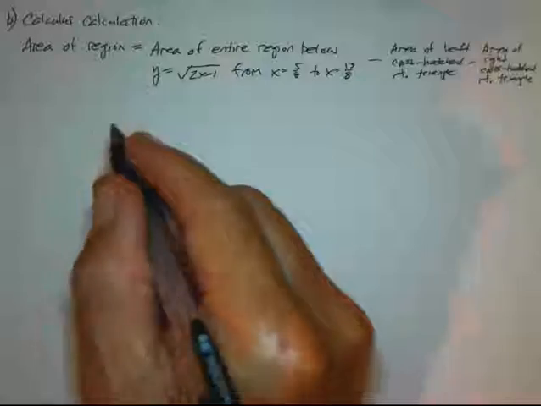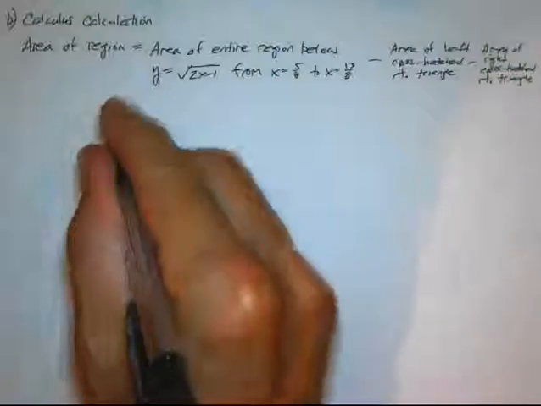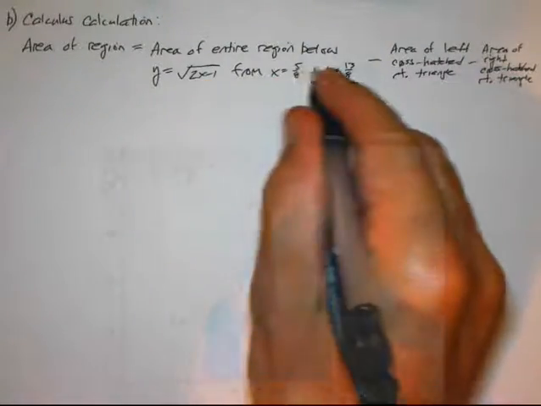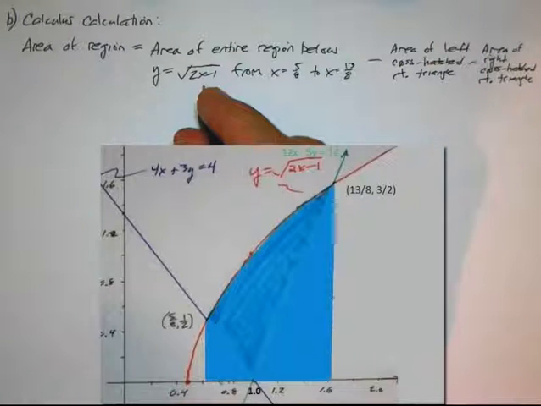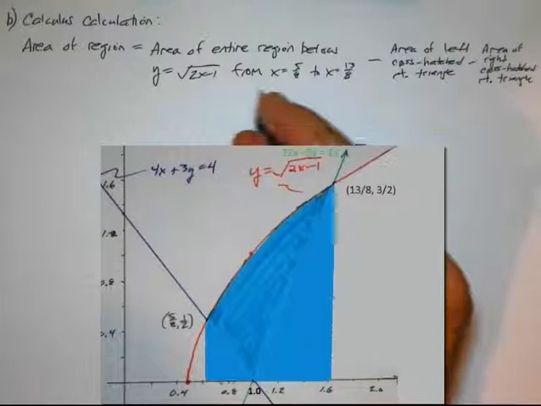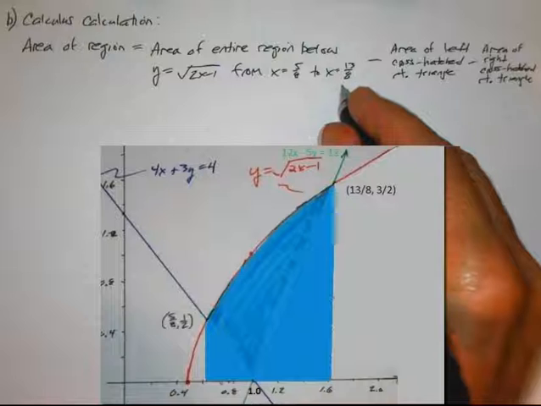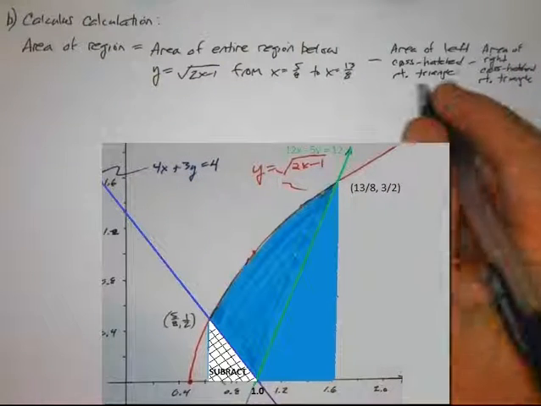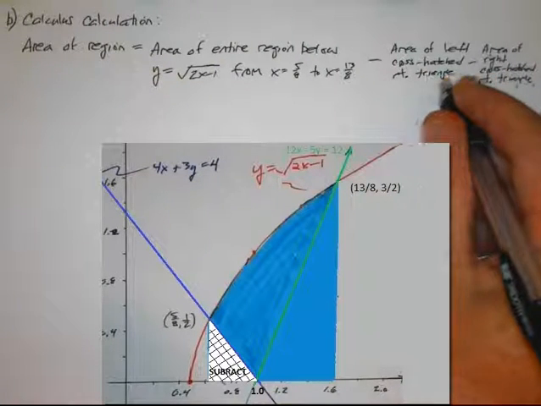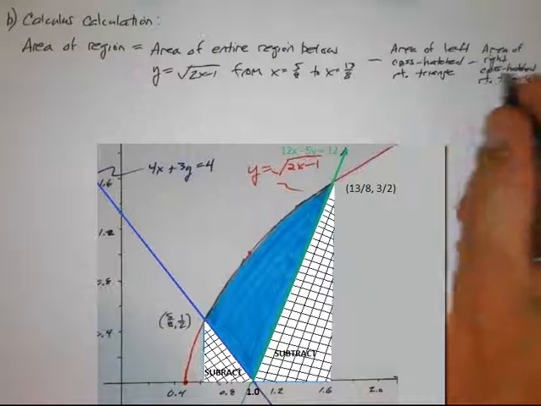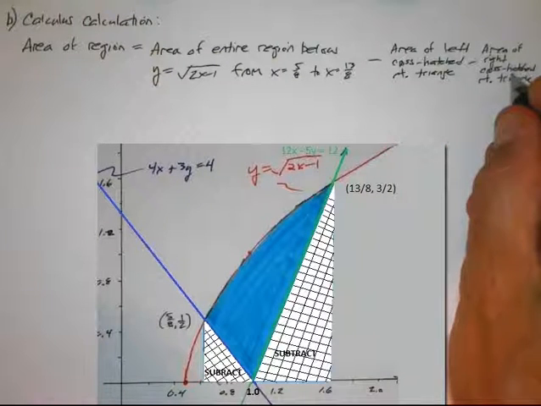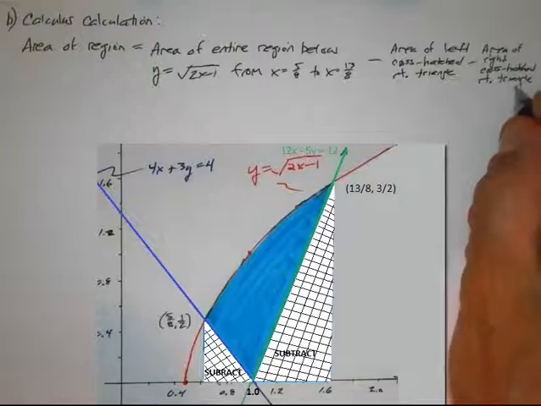Okay, so the strategy here is that the area of this region is going to equal the area of the entire region below the graph of y equals square root of 2x minus 1 from x equals 5/8 to x equals 13/8. Subtract the area of that left cross-hatched right triangle. Subtract the area of the right cross-hatched right triangle.